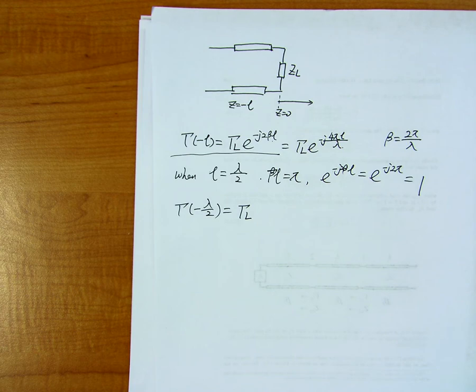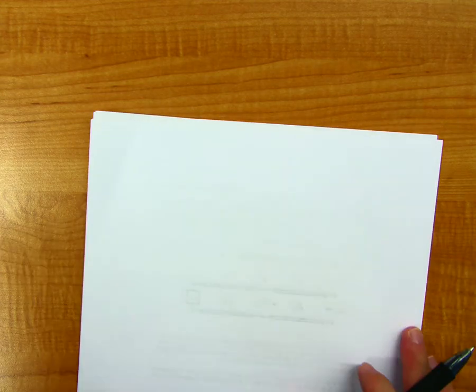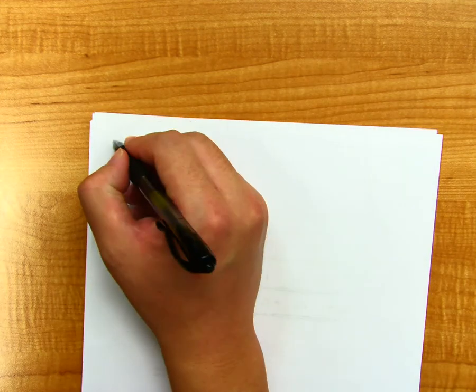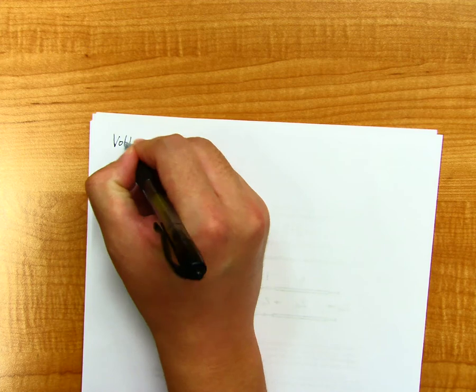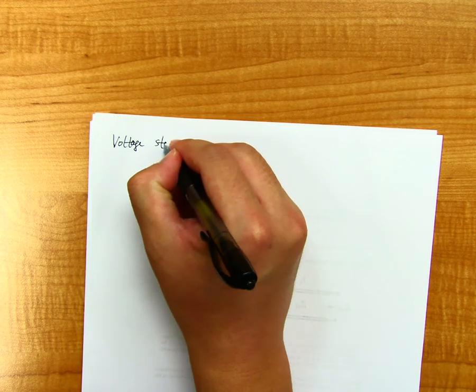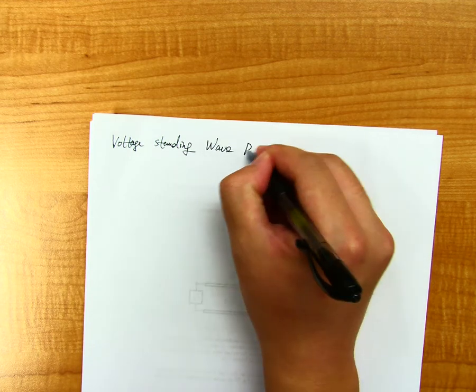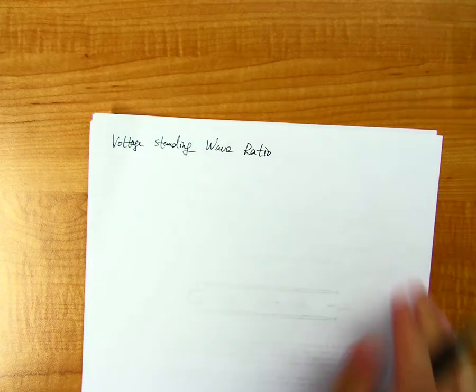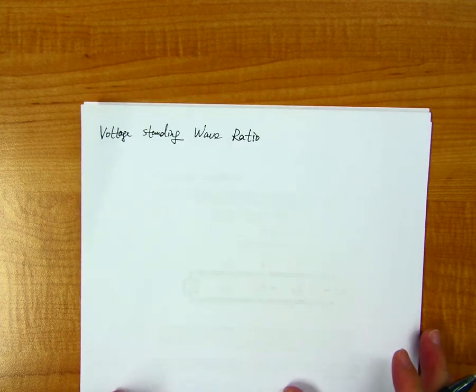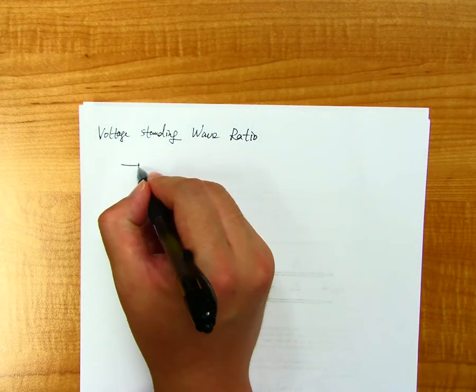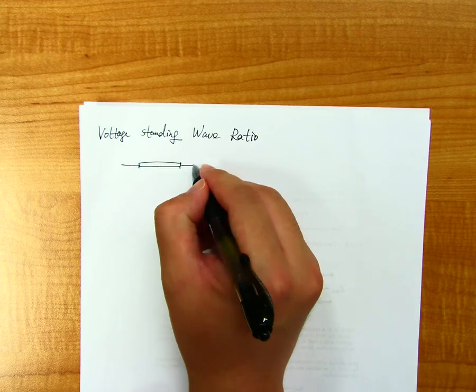Another thing we need to learn about is the so-called voltage standing wave ratio. Again, we have a transmission line which is terminated, or an arbitrary transmission line.